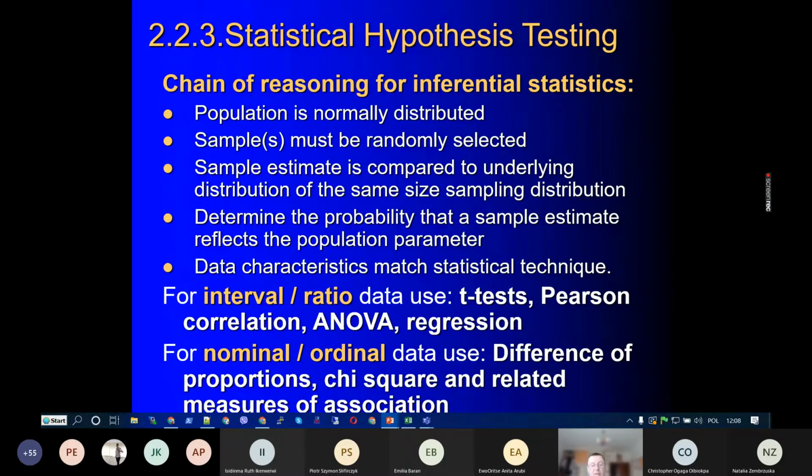And data characteristics must match statistical techniques. For example, for interval and ratio data, we typically use so-called parametric statistics like the t-statistic or Student statistics, Pearson correlation, ANOVA, regression and regressional analysis. In the case of nominal and ordinal data, difference of proportion, chi-square, and related measures of association have to be used.